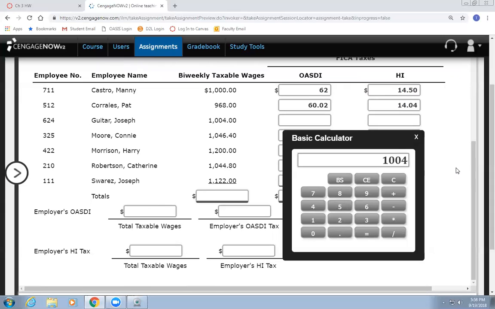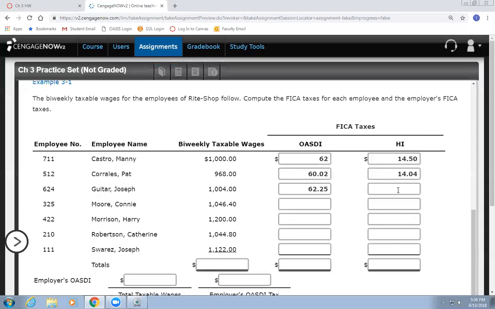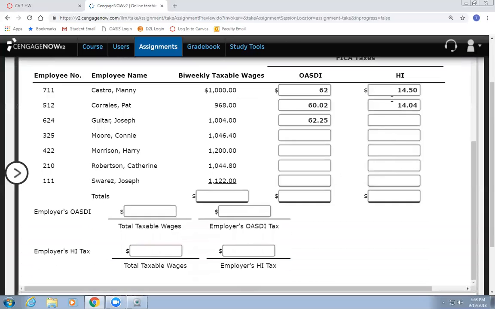For Joseph, his taxable wages are $1,004. So he has Social Security of $62.25. I have these, so I'm just going to type them in so you can check your work as you go, to save some time. For Joseph, his Medicare contribution should be $14.56.